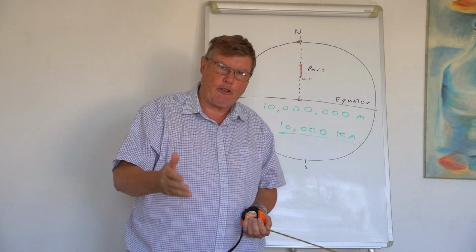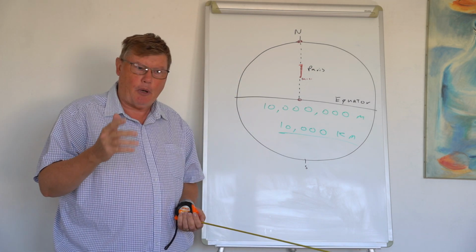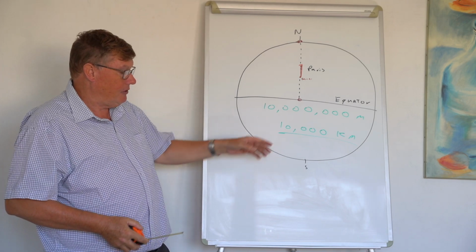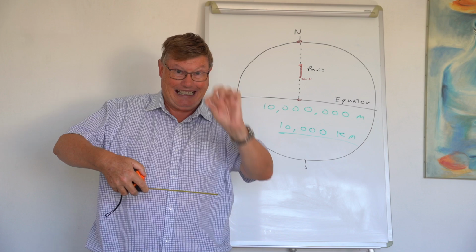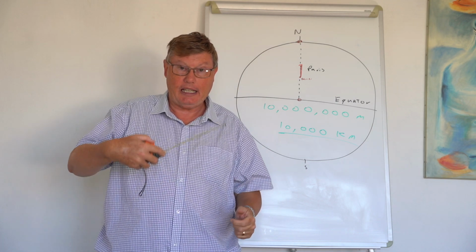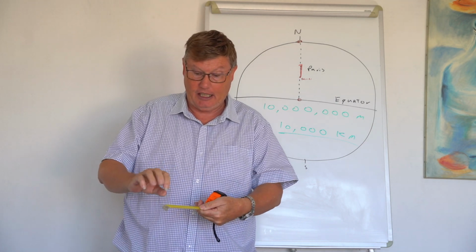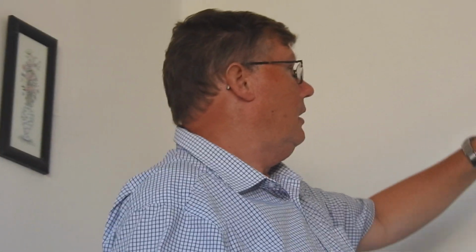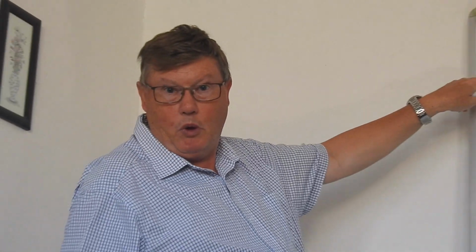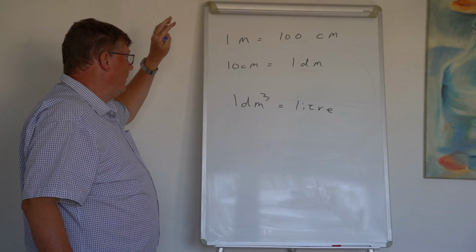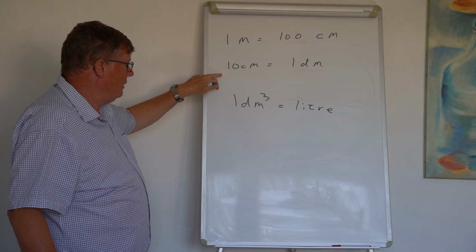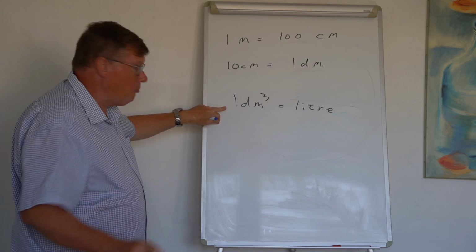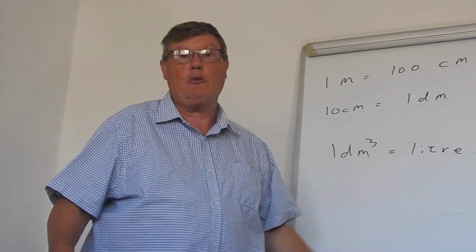And so a kilogram is based upon the amount of water that they could put in what technically is called a cubic decimeter, a decimeter being a tenth of a meter. Okay, so 1 meter is 100 centimeters. 10 centimeters is also called a dm, a decimeter, and a decimeter cubed is basically a volume of a litre.